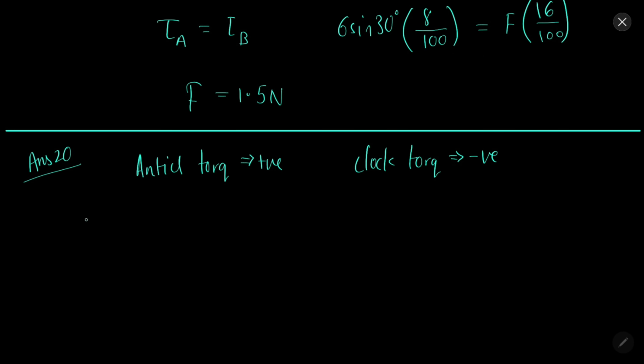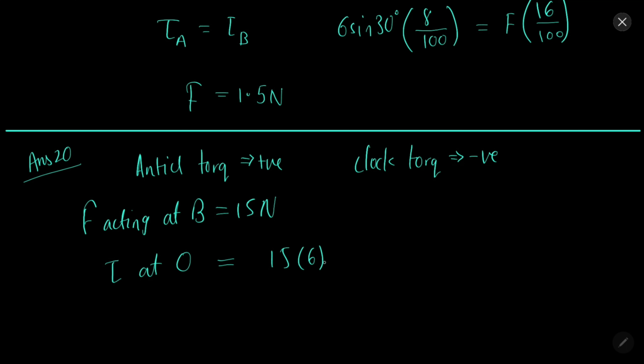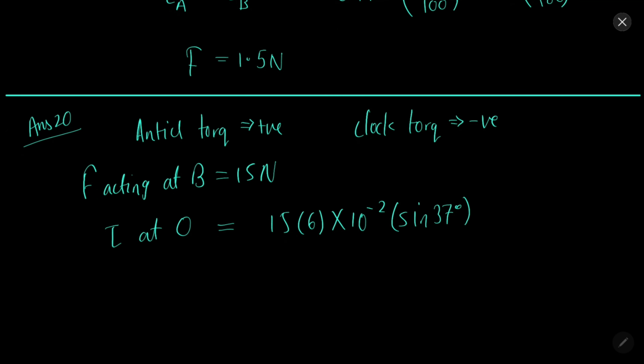Now the force acting at point B is equal to 15 Newton. So the torque at O due to this force will be 15 into 6 into 10 to the power minus 2 into sine 37 degree.